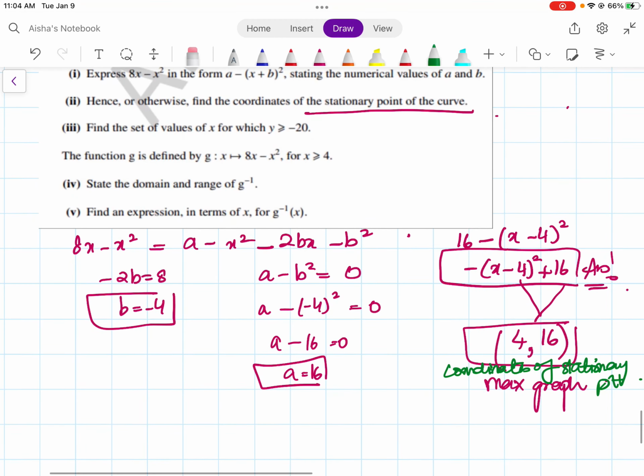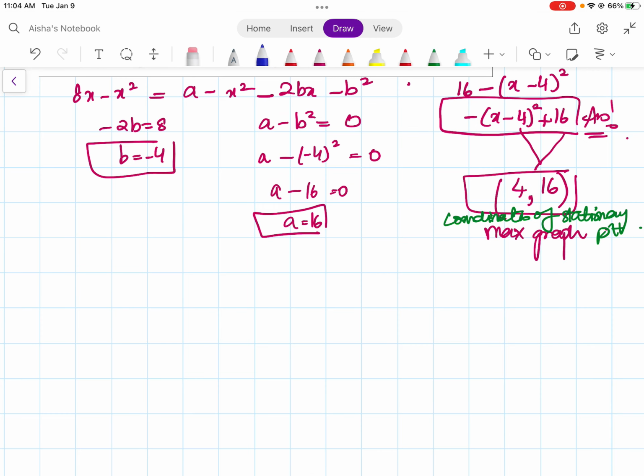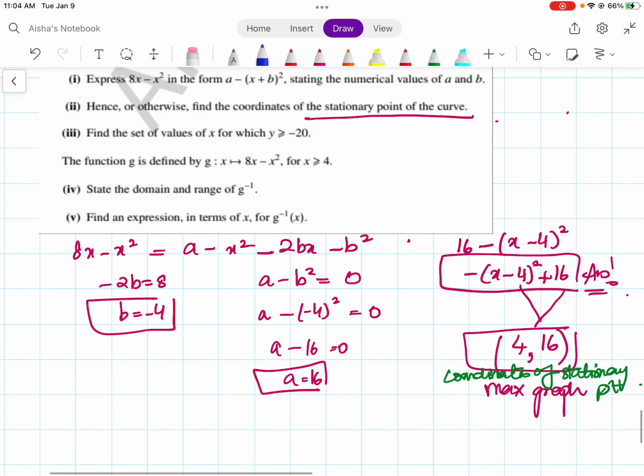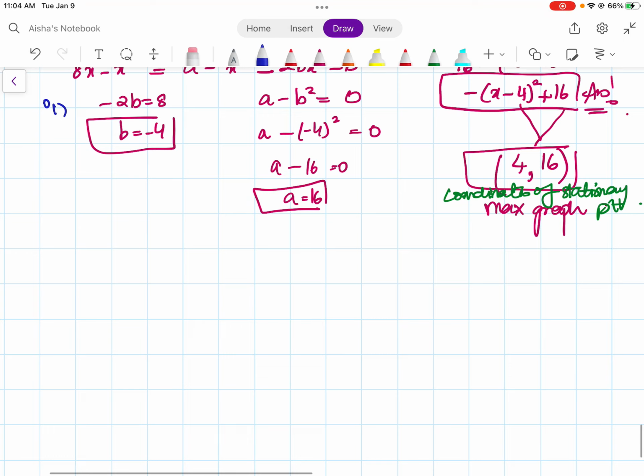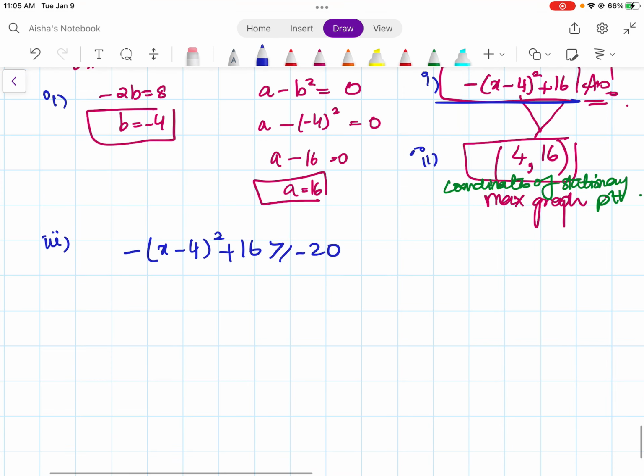Now, find the set of values of x for which this is greater than or equal to minus 20. This is the third part. First part, second part, now the third part. Greater than or equal to minus 20. Minus 20, minus 16, minus 36.